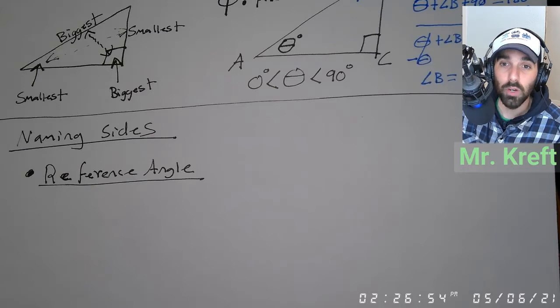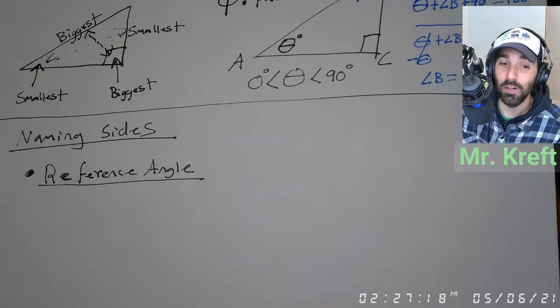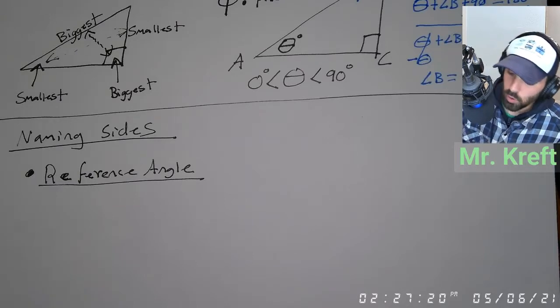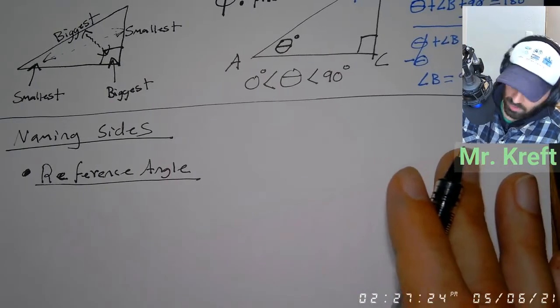For example, everyone in this class sees this class differently. Some of you are on a Chromebook, some of you might be on a phone, I see one of you on a phone, some of you might be on a desktop. Everyone is going to see this class slightly different because everyone has a slightly different frame of reference. Well, in a triangle, there are two frames of reference, so we're going to need to know what our reference angle is going to be.